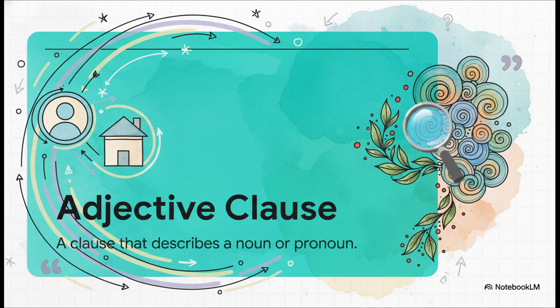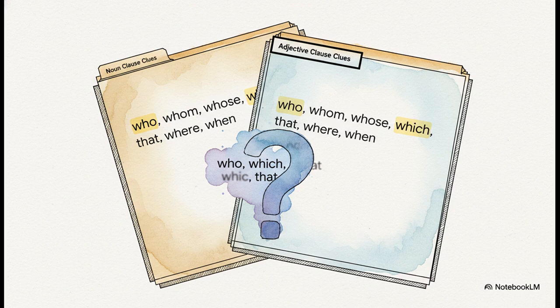Its one and only purpose in life is to describe or give us more information about a noun or a pronoun that's already in the sentence. Okay, you might be looking at this list and thinking, wait a minute, some of these words are the same as before. And you're absolutely right. There is some overlap, but don't panic. The trick to telling them apart is all about what they do, and we're getting to that right now.